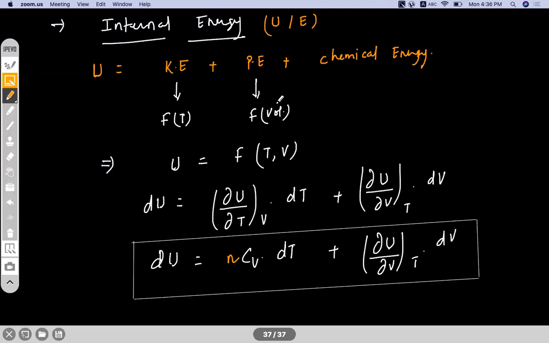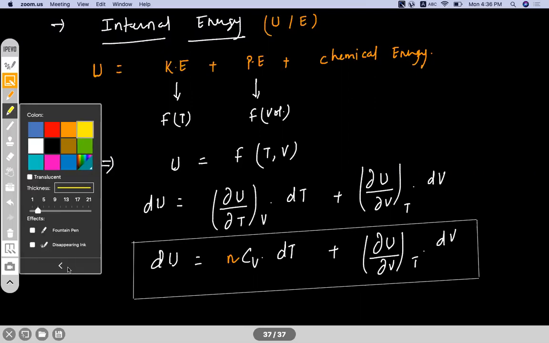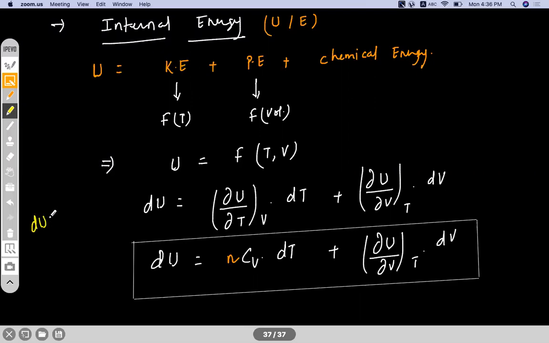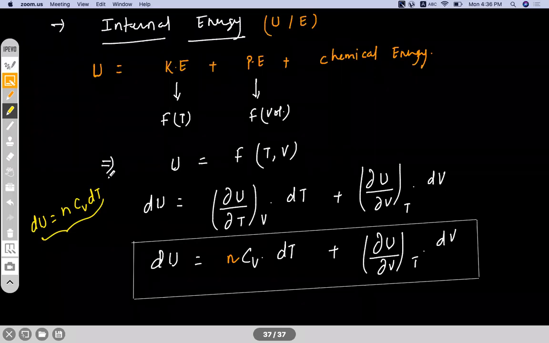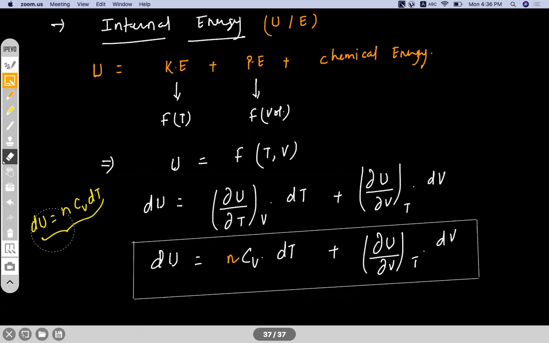Just one more question: where is the formula dU equals nCvdT applicable? Always applicable. Correct. Constant volume is not a criterion here. First of all, understand this, so you must know when we are using nCvdT.